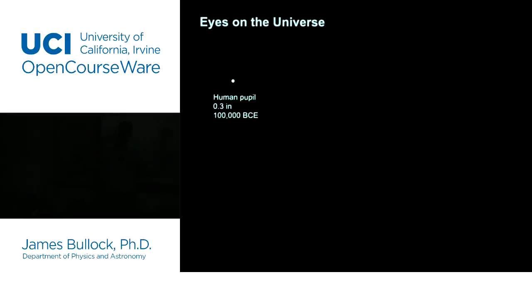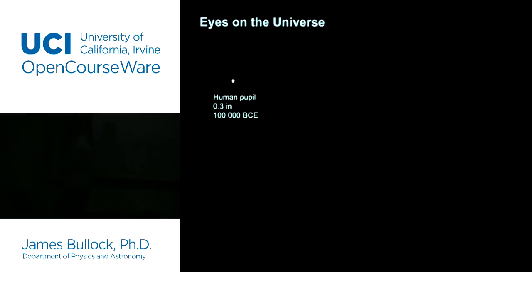And these people, probably as smart as us, almost certainly not dumber than us, were walking around and looking up at the night sky and trying to make sense of this spinning globe they found themselves on.